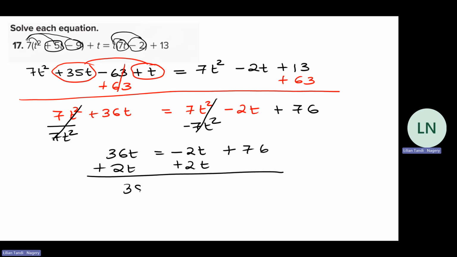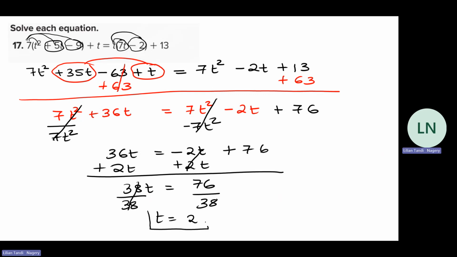This will be 38t equals to 76. And then I divide 38 on both sides. This goes away. 76 divided by 38. So t is 2.